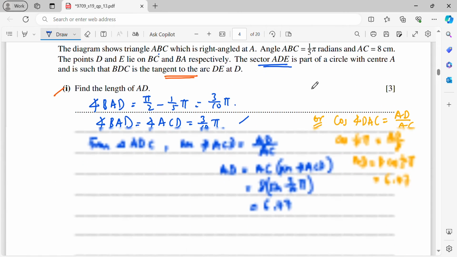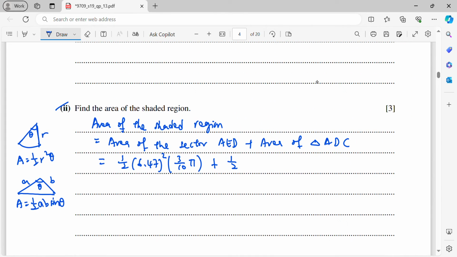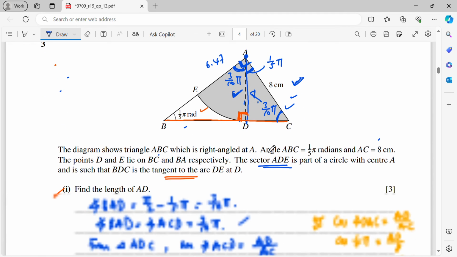Okay, so I will just write this is half of 6.47 times 8 times sine of pi over 2 minus 3 over 10 pi, because we didn't do the calculation over here in the previous part.